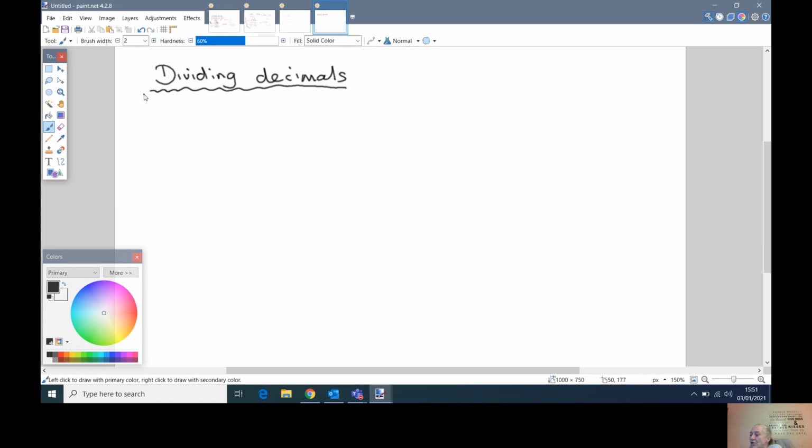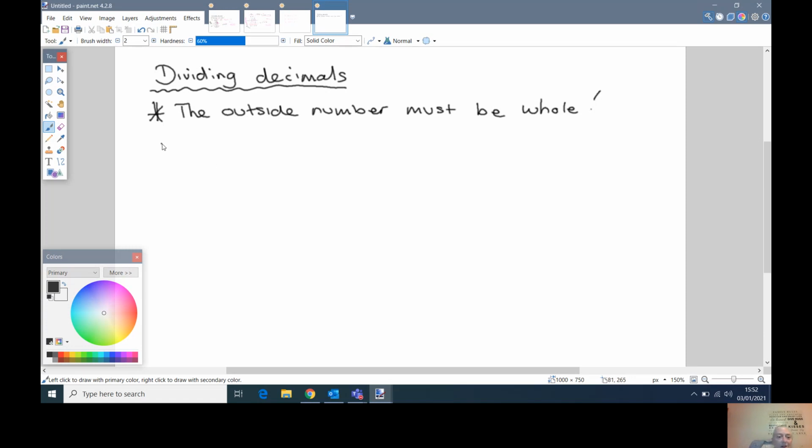I think the golden rule with division is that the outside number must be whole. And again, this will make sense when we do it.